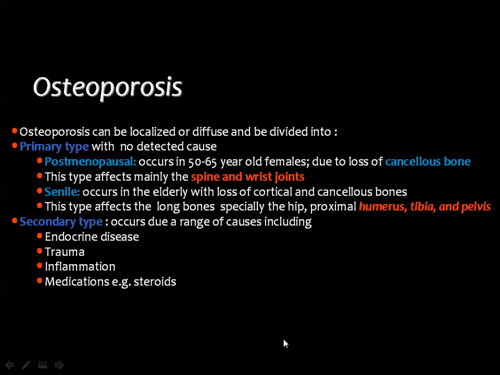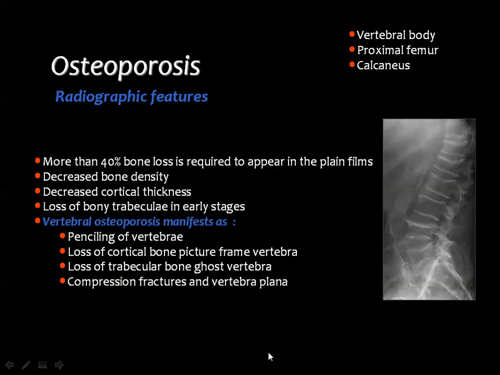induce osteoporosis. Then, what are the manifestations of osteoporosis in the skeleton? Usually, osteoporosis will appear in the vertebral bodies, in the proximal part of the femur, in the calcaneus, and in other areas like the proximal part of the humerus and in the pelvic bones.